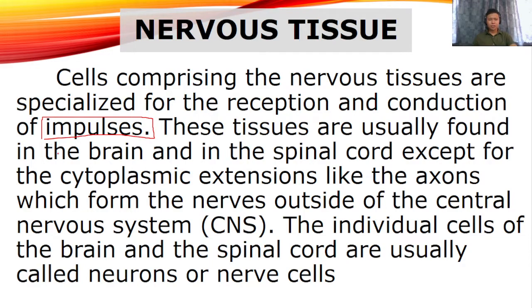These tissues are usually found in the brain and in the spinal cord, except for the cytoplasmic extensions like the axons, which form the nerves outside of the central nervous system. The individual cells of the brain and the spinal cord are usually called neurons or nerve cells. You can use neurons, you can use nerve cells, they are just the same.